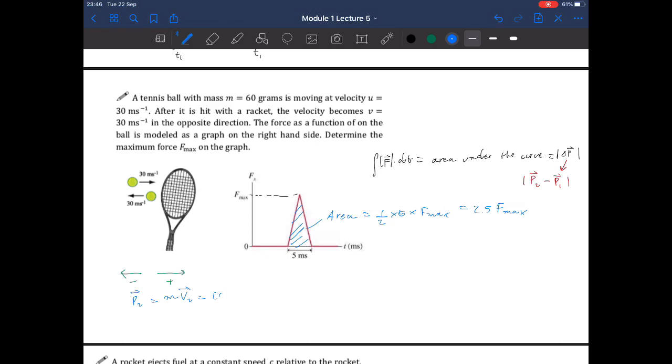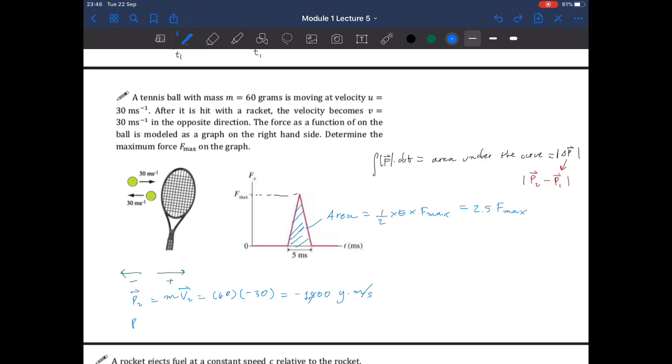The mass of the ball is 60 grams multiplied by v2, which is 30, but because it is going to the left, this is minus 30, and that would be equal to minus 1.8 thousand gram meters per second.